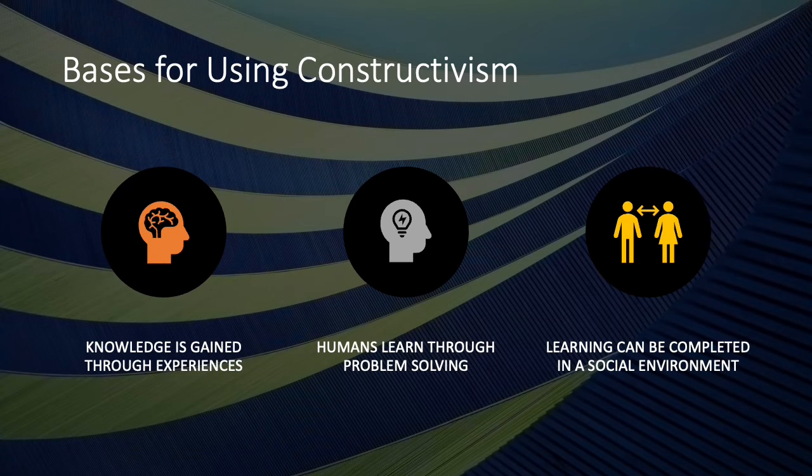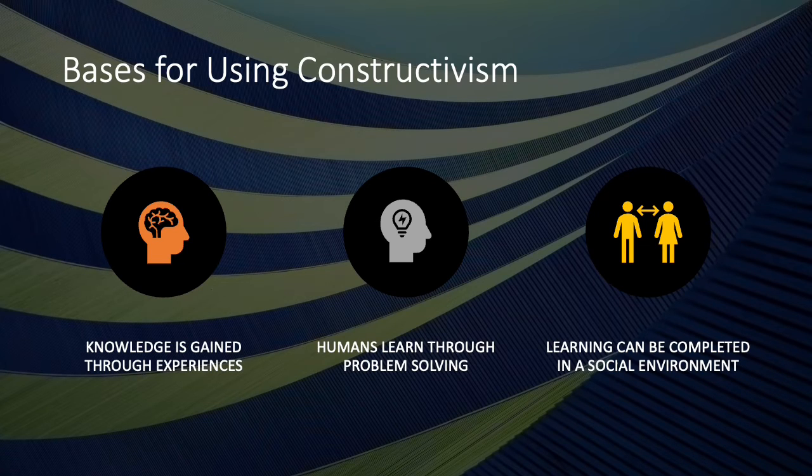The basis for using constructivism, according to Reiser and Dempsey 2018, is that knowledge is gained through experience. As we experience and interact with the environment around us, we are constantly learning in an active way. Humans learn through problem solving.